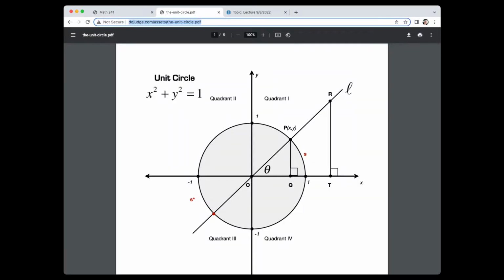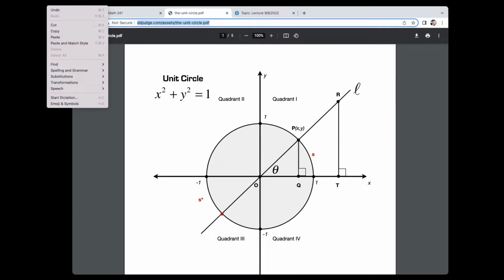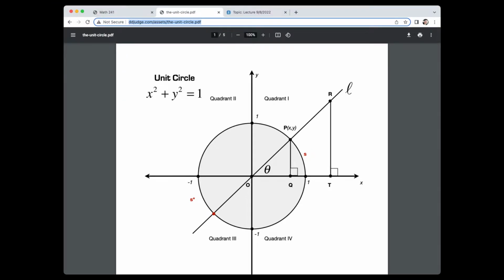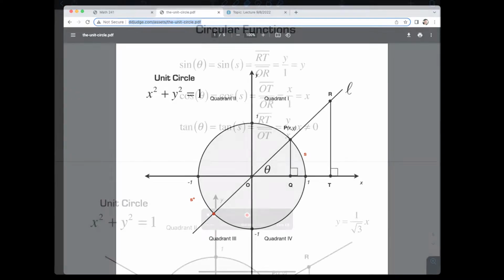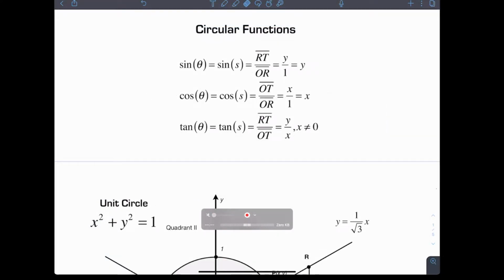Unit circle, maybe. I think I should change the title to circular functions. There you go. Where are you getting that? I'm getting that there. So you can print that up for yourself, at home or wherever.